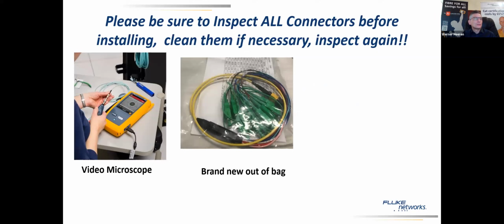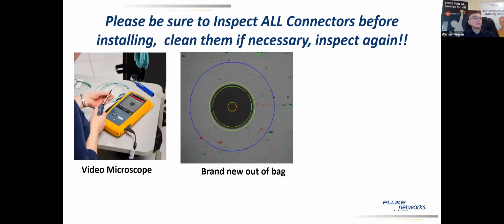If it's not clean, you should clean it and inspect it again before you connect. We cannot repeat it enough: even if it comes from the manufacturer in a bag and it says it's coming new from production, you cannot consider that the fiber is clean or properly prepared for installation. You still have to inspect it before you connect it in the field.